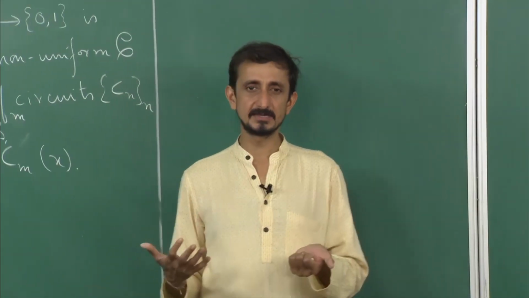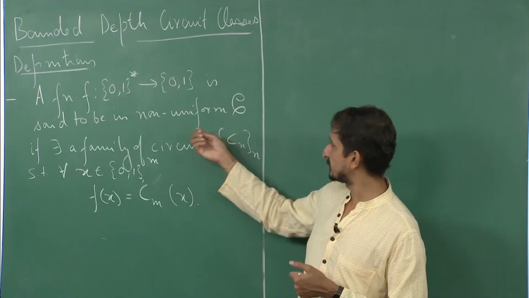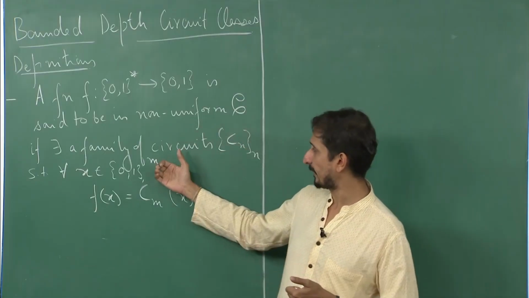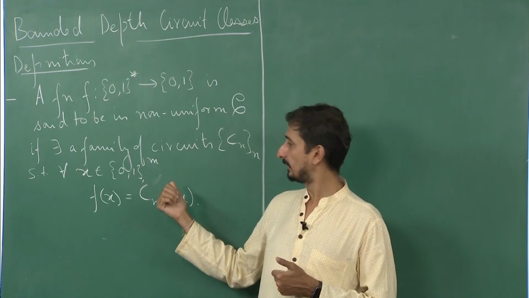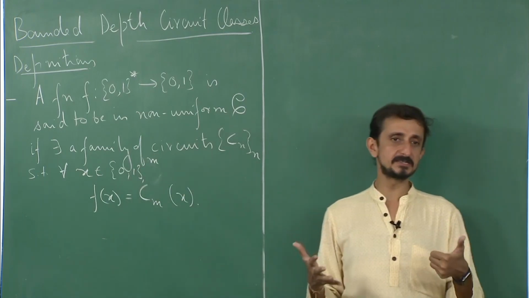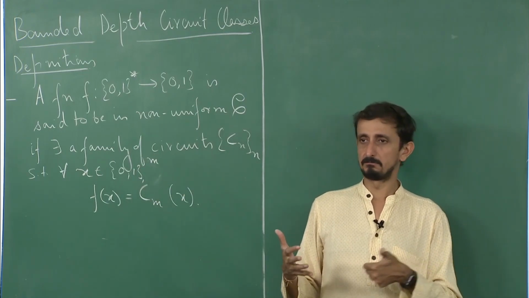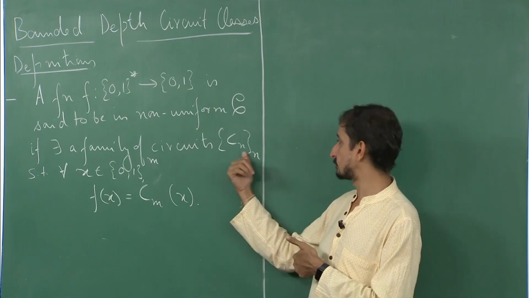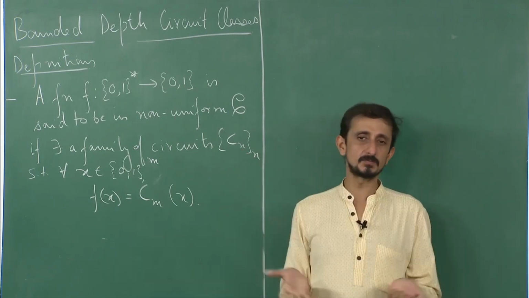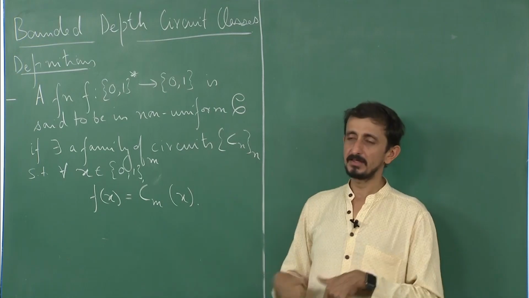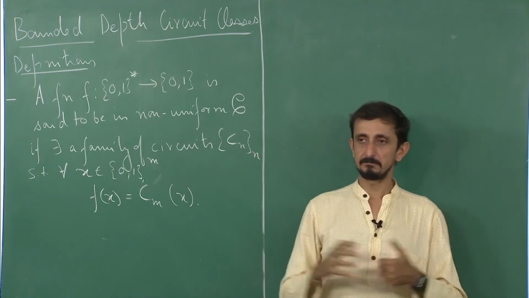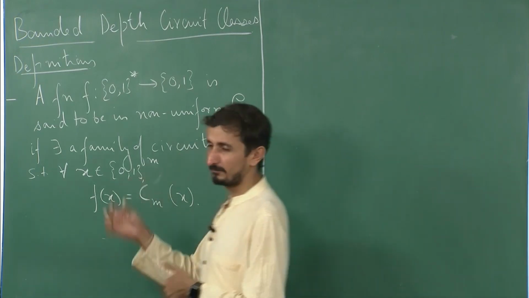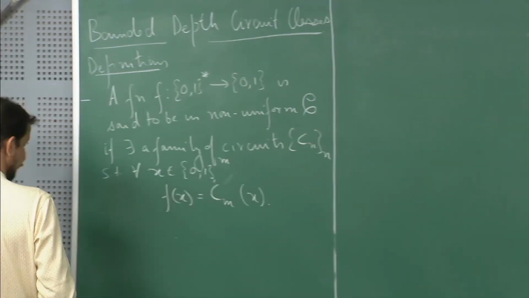If I say it is log space uniform, it means that the family is constructible by a log space Turing machine: given n, there is a log space Turing machine which can build Cn in log space. We'll come to that later. We don't need that right now.